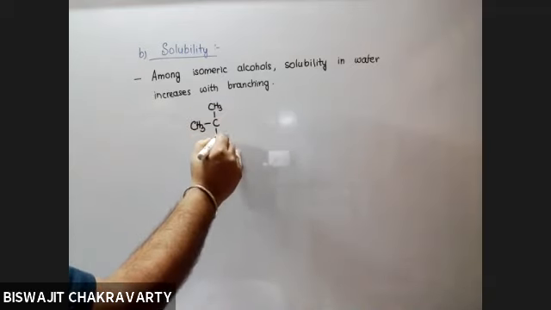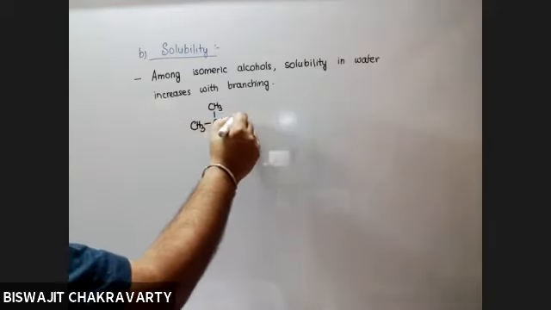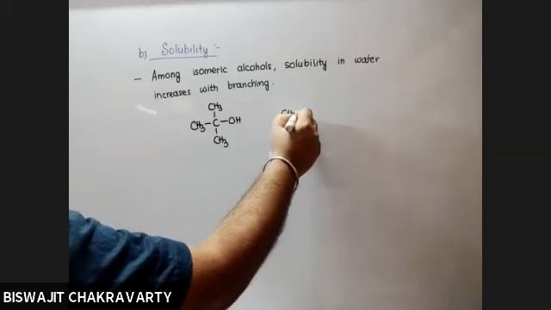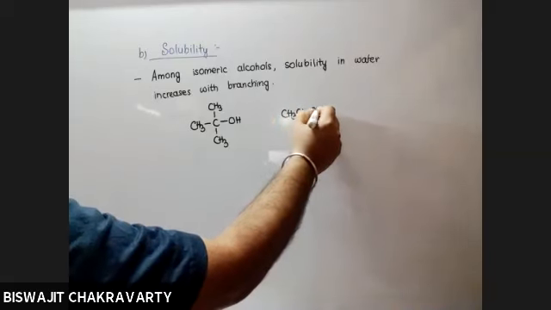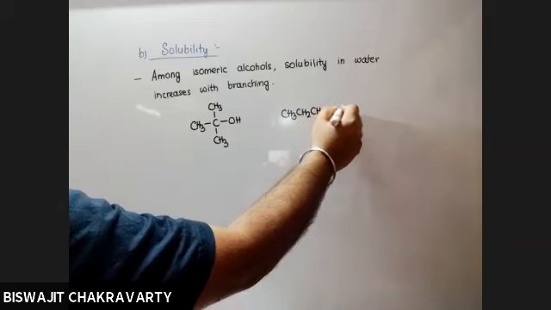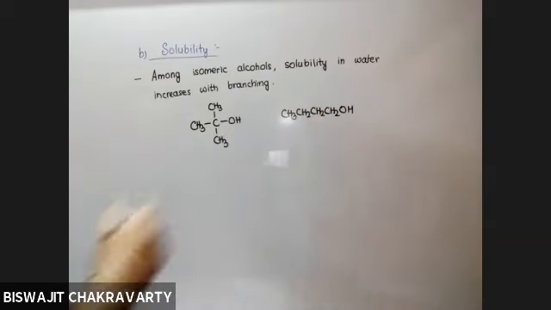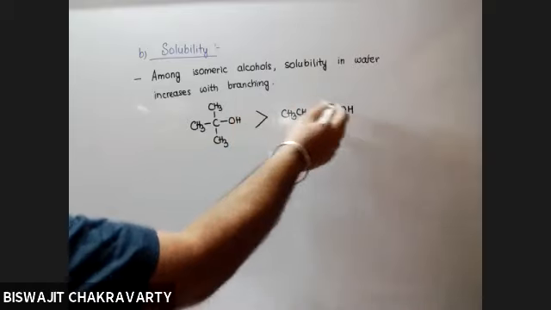So here we have tertiary butyl alcohol and we have N-butyl alcohol. Who do you think is more soluble in water according to this statement? First one. Okay, so first one is more soluble than second one.